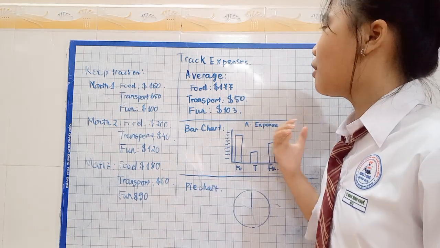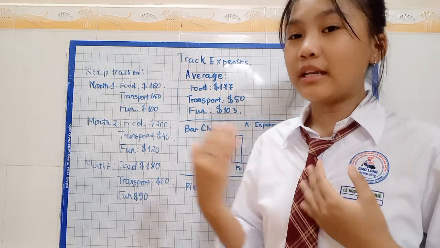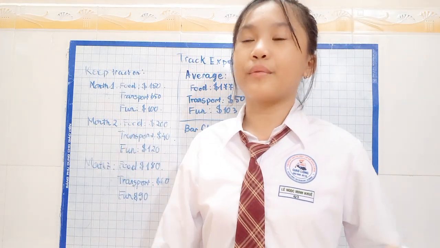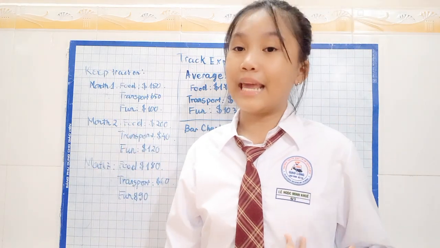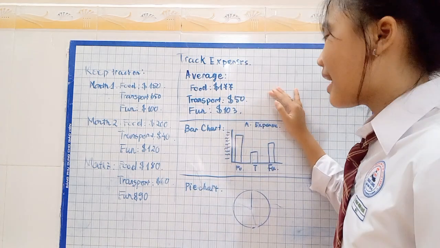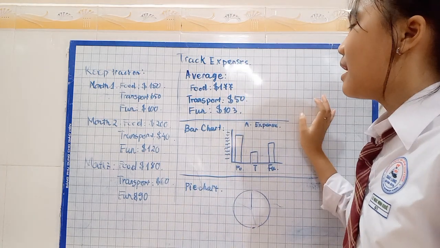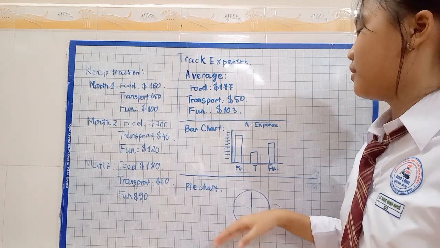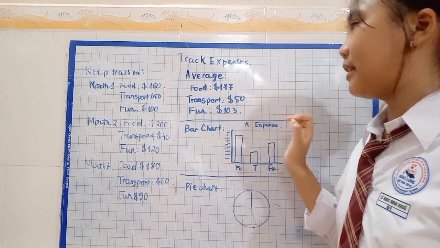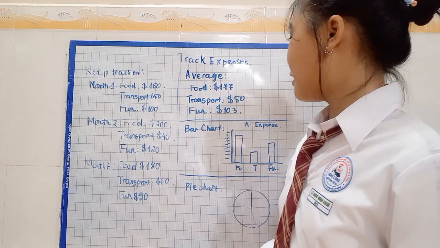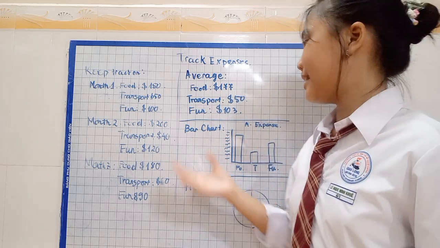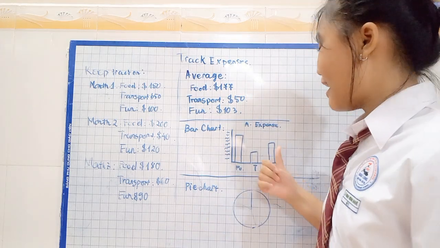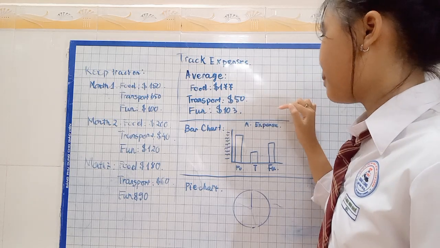So let's say I'm in this situation and I want to increase the money that I could save each month. I could lessen my food to, let's say, $160 on average. Fun could be less, just $90, and transportation could be less, to $40. By that, how much are we going to save?